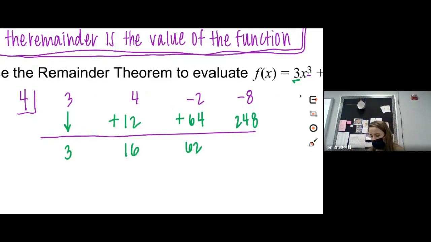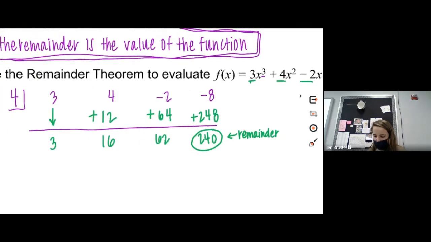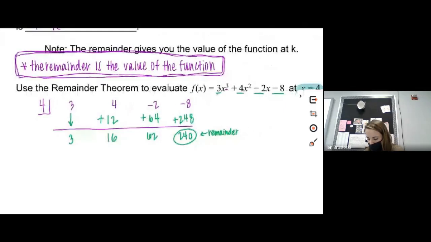Yep, we're going to add them. So we get 248. That number in that box, I'm going to circle it. I keep forgetting. That is our remainder. But it's also f of 4.